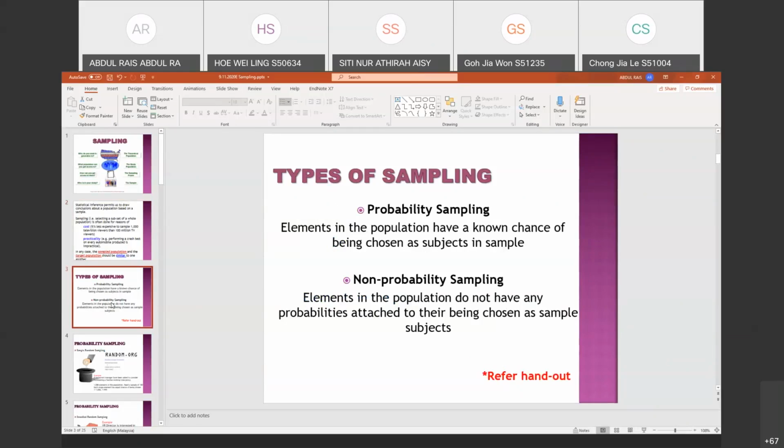Meaning, kebarangkalian ni, everyone has equal chance to be chosen, while non-probability sampling, kalau study you spesifik pada food handlers di restoran, meaning food handlers di restoran saja dipilih.